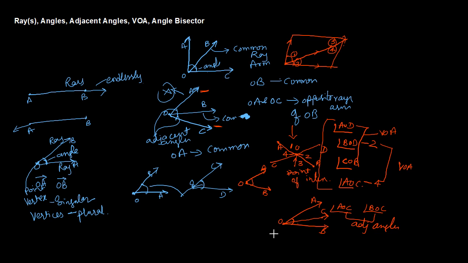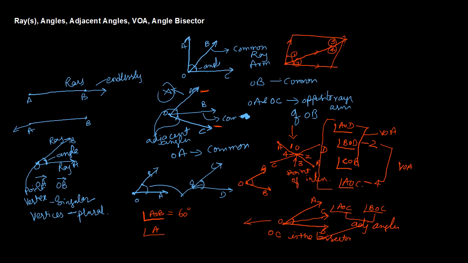But when the condition is given as OC is the bisector, what does that mean? It means angle AOB, entire angle AOB is bisected by that arm OC or the ray. So in the sense, if my angle AOB is 60 degrees, if OC bisects angle AOB, what will happen?